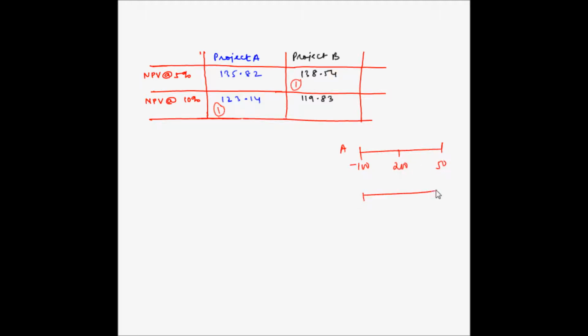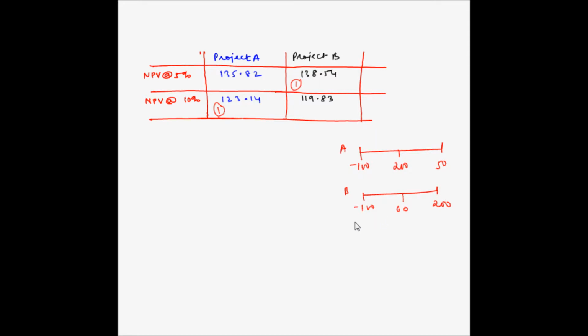Whereas for project B, it was minus 100, 60 and then 200. So in case of project B, the larger cash flow came later in the life. So because of that, the present value declined more as the discount rate increased.